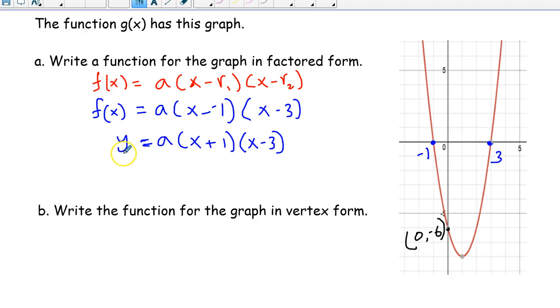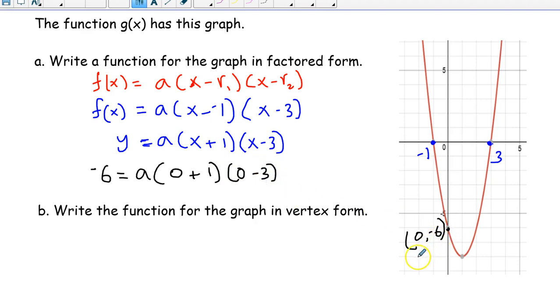Okay, so I'll take -6 for y, -6 is equal to a times x is how much? 0 plus 1 times, again this x is 0 minus 3.